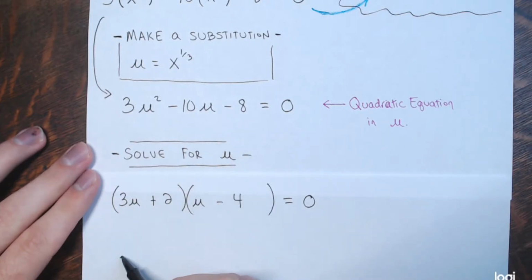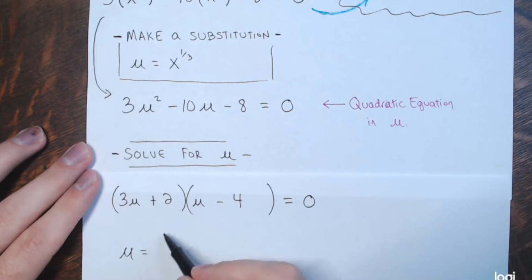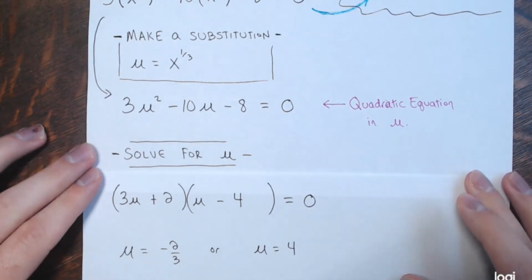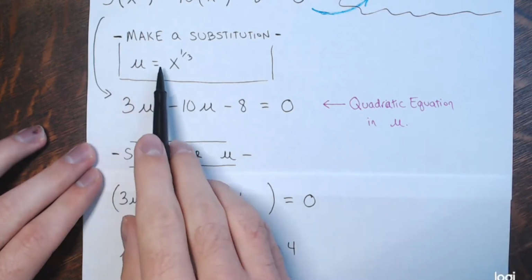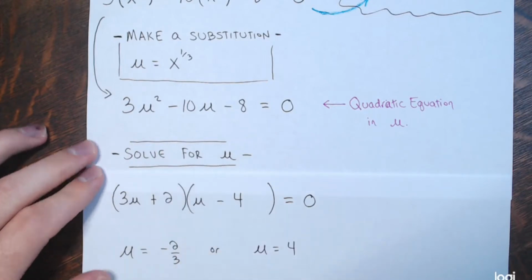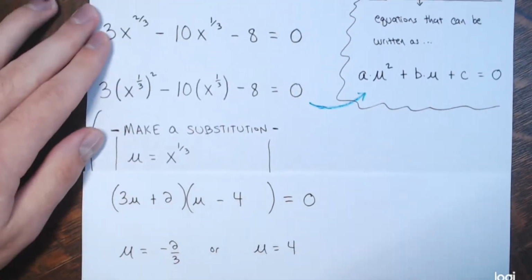And so u is either negative 2/3 or u equals positive 4. Now you're not done. I made the substitution for u, solved for u, but remember the original variable was x.